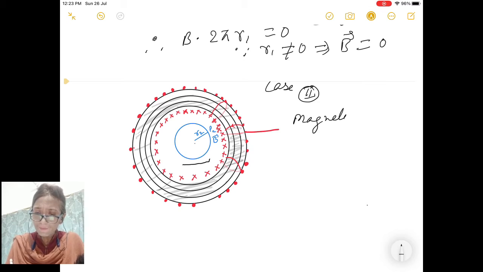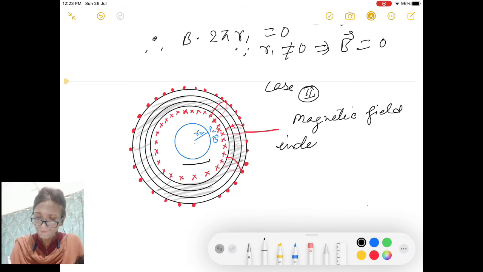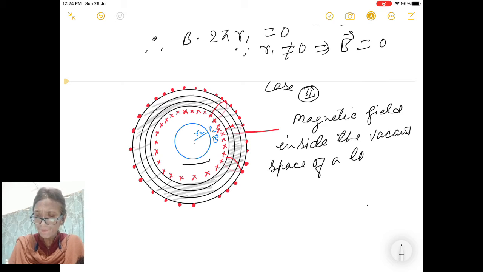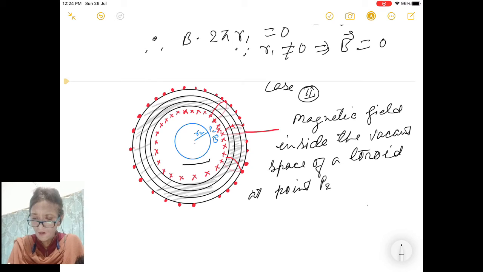Magnetic field inside the vacant space of a toroid at point P2 at distance R2.